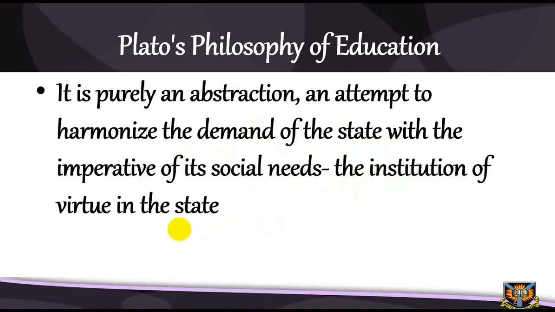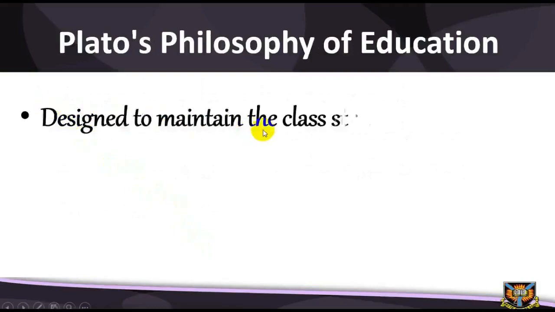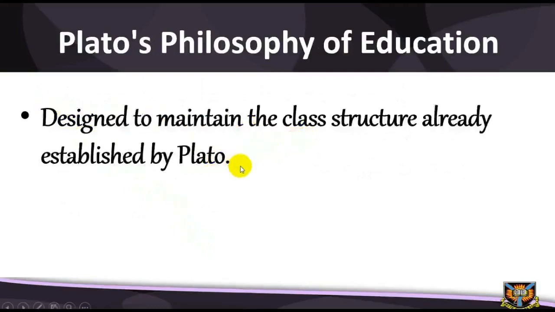Given this idealism, it should not be a surprise if the system of education conceived by Plato below radically deviates from any known forms of education system. The system is not only elitist, but substantially limited in scope. It is designed to maintain the class structure already established by Plato.